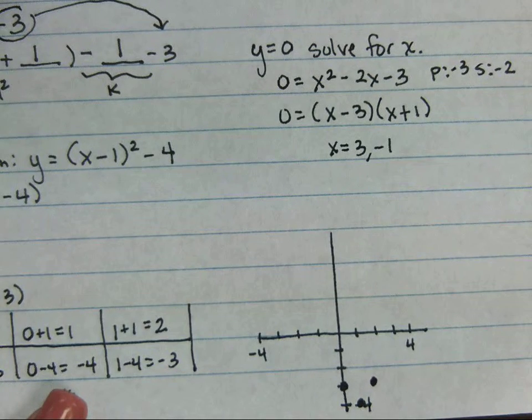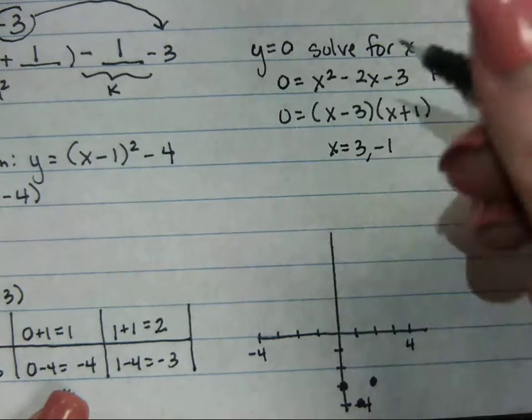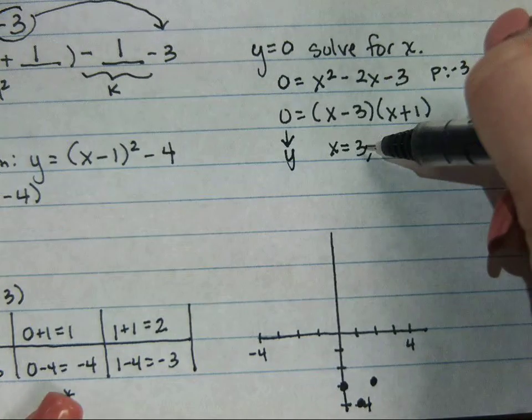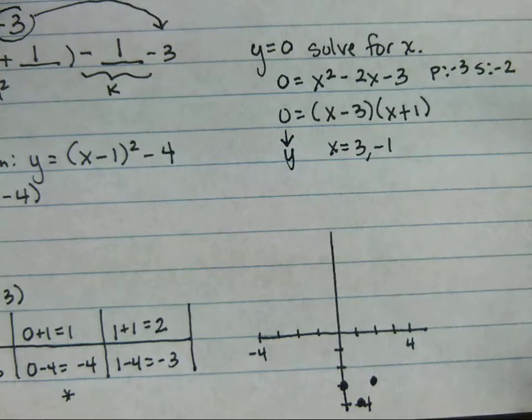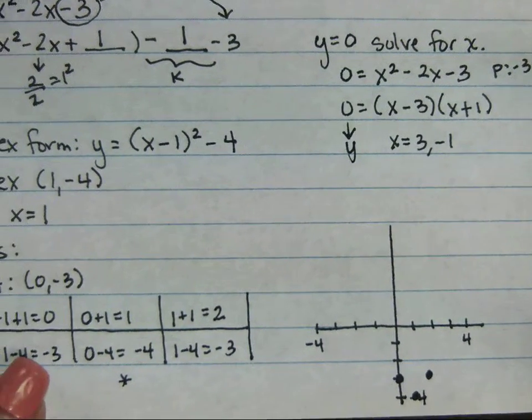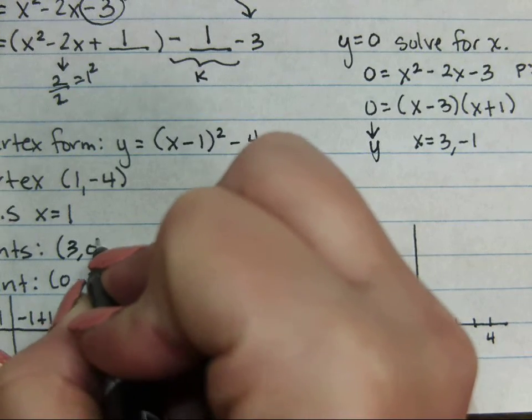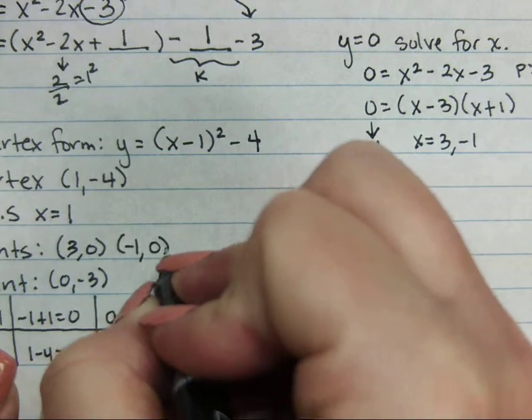And so what this has done is it's giving you the two other coordinates of where you touch the x-axis. All right, this is my y value. So when y was 0, x is 3. When y is 0, x is -1. But I'm going to write those as coordinates like I did over here. So the x value and the y value, x and y.